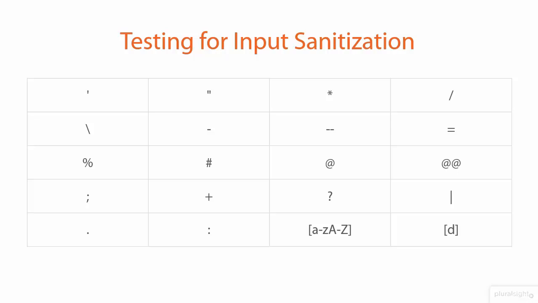Many of these are used to mount an attack. There are also a whole bunch of others that we haven't looked at. Things like percentages that are often used in LIKE clauses, the @@ syntax to access server variables. All of these are the kinds of things that you want to test for when you're establishing what sort of sanitization is going on in the app.